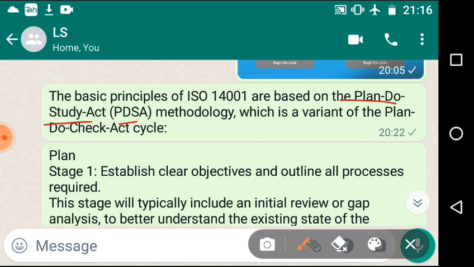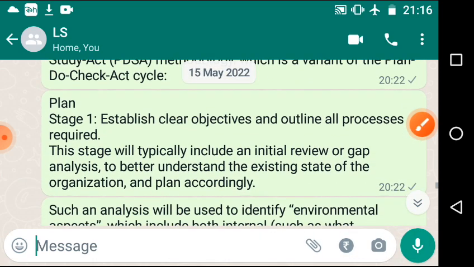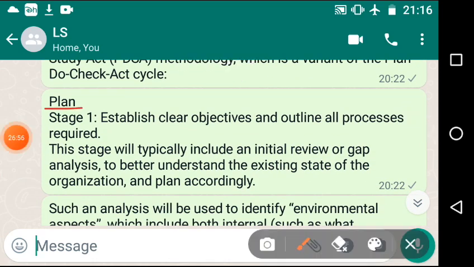Next is plan, do, study, act. This is the main motto of the ISO 14000. The main basis of the ISO 14000 is the plan, do, study, act, or PDSA methodology.